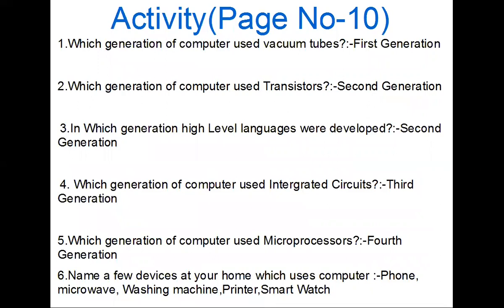Next activity, page number 10. Which generation of computer uses vacuum tube? Your answer, first generation. Point number 2, which generation uses transistor? Second generation. Third, in which generation were high level languages developed?